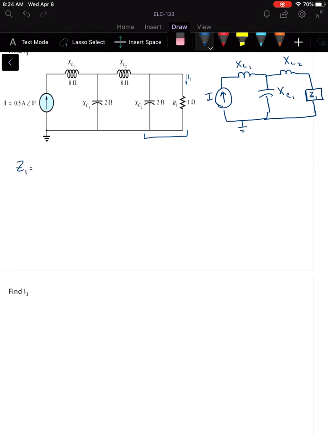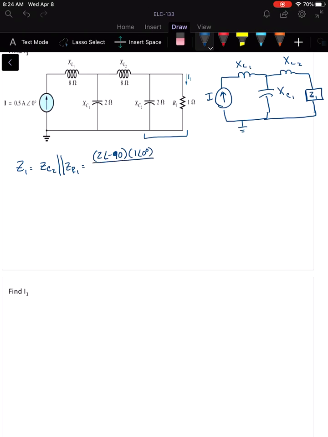So Z1 is going to be the parallel combination of ZC2 and ZR1. So if we do the product over the sums, that's going to be 2 at negative 90 degrees and 1 at 0.